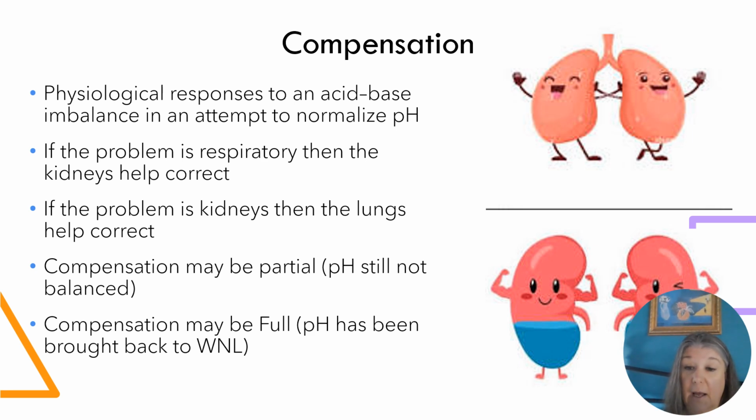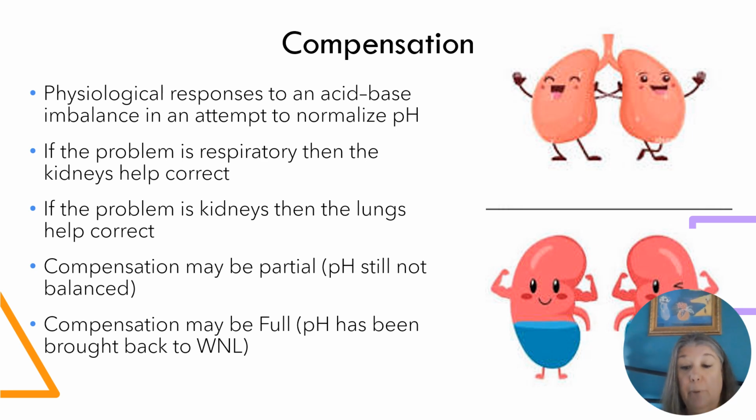Like let's say I have COPD and my CO2 is just off the charts. I'm retaining way too much CO2. So what happens is my kidneys are like, I can help you out. I can produce more bicarb that is going to neutralize that acid. So compensation is where one system kicks in to help the other system.